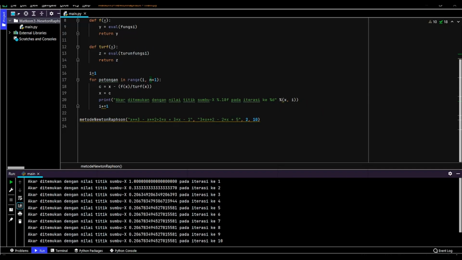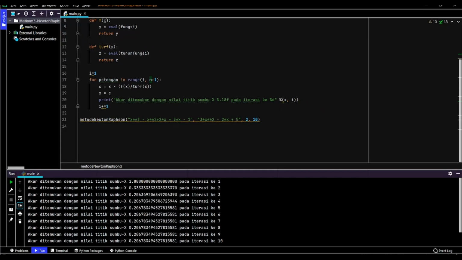So we will try the function where we call the Newton-Raphson method. The first function is x to the power of 3 minus x squared plus 2 times x plus 3 times x minus 1, and the next parameter is the derivative of the first function, which is 3 times x squared minus 2 times x plus 5.